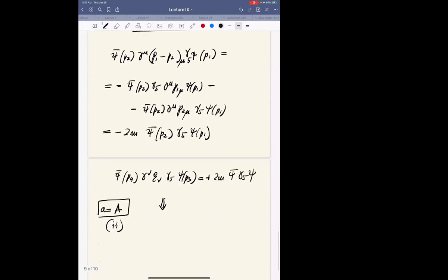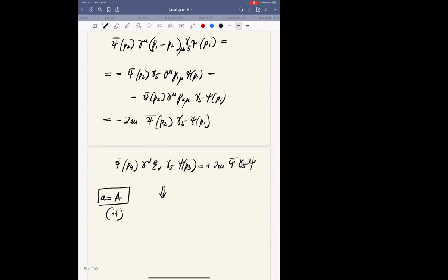But I have minus 2m times plus 2m, so a minus sign times the minus sign, and then I have 2m squared, and then I have Q squared minus MA squared, Q squared minus psi MA squared. I have psi minus 1, and I have psi bar gamma 5 psi squared.